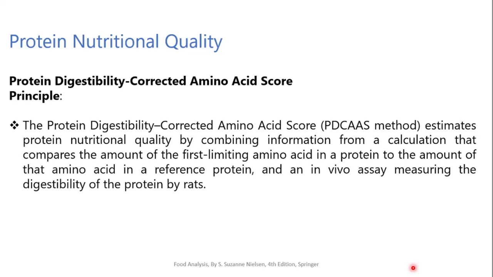So we can say that the protein digestibility corrected amino acid score estimates the protein nutritional quality by combining information from the calculation that compares the amount of the first limiting amino acid in a protein to the amount of that amino acid in the reference protein, and an in vivo assay measuring the digestibility of the protein by rats. Here we have to provide the particular proteins in the food to the rats, and from that digestibility we measure what kind of changes have been made in that animal, that means how much weight is gained.